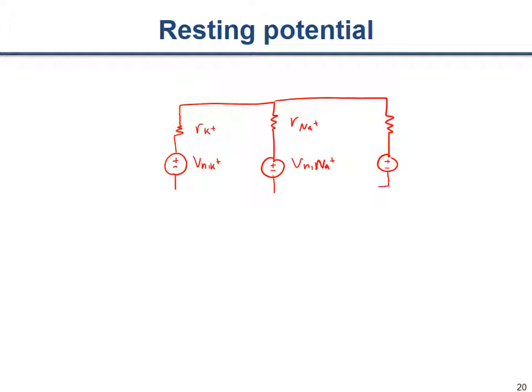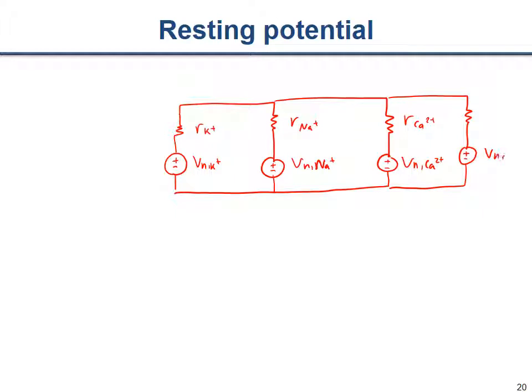Similar thing for calcium, Nernst potential for calcium. And then a similar story here for chloride. Okay. Now all of this has some amount of membrane capacitance, C membrane, and what we're trying to do is figure out what is the overall cell potential.